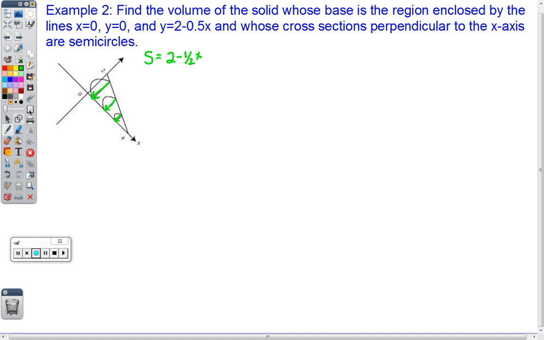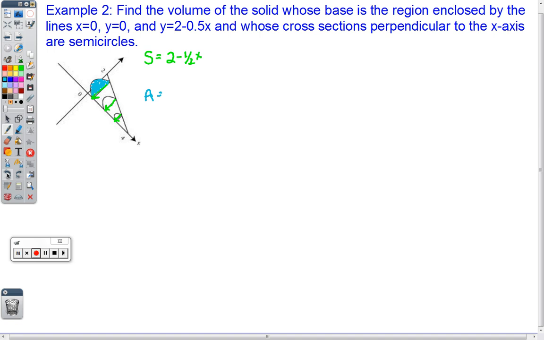Now we want to find the area of one of these semicircles. Area equals pi r squared for a circle, but these aren't circles, they're semicircles.